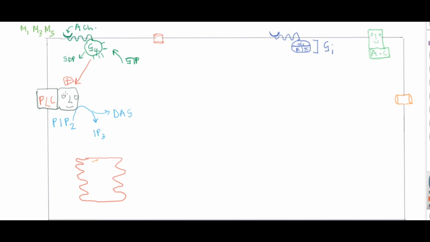Because it's a smooth muscle, there is a sarcoplasmic reticulum, which is a bank for calcium. IP3 will stimulate the sarcoplasmic reticulum to release calcium. If you still remember, there is another molecule called calmodulin.